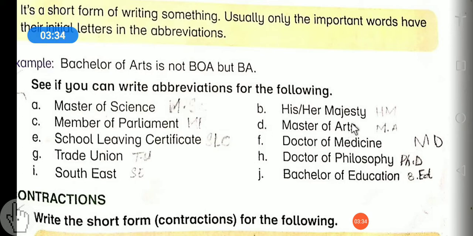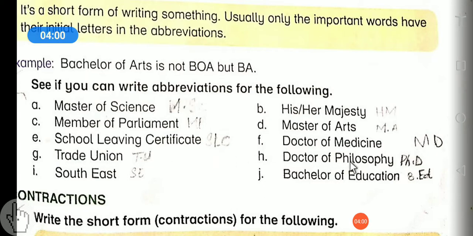Master of Arts, capital M dot capital A. School Leaving Certificate, capital S, capital L and capital C, SLC. Doctor of Medicine, MD, both capital. Trade Union, TU, both capital.